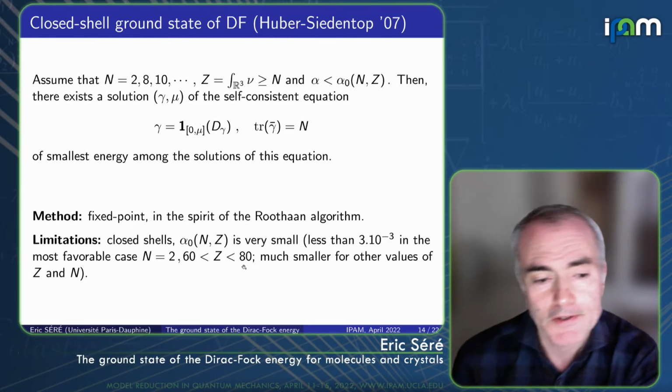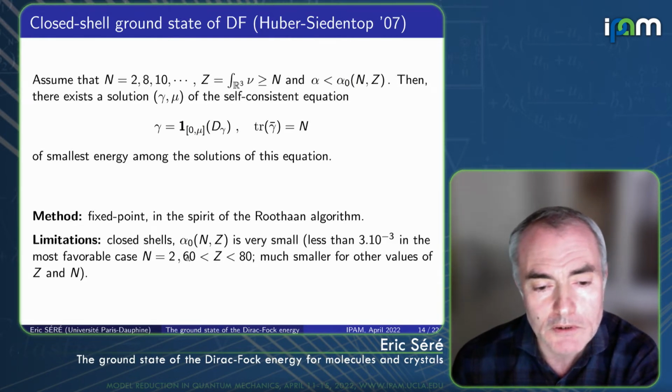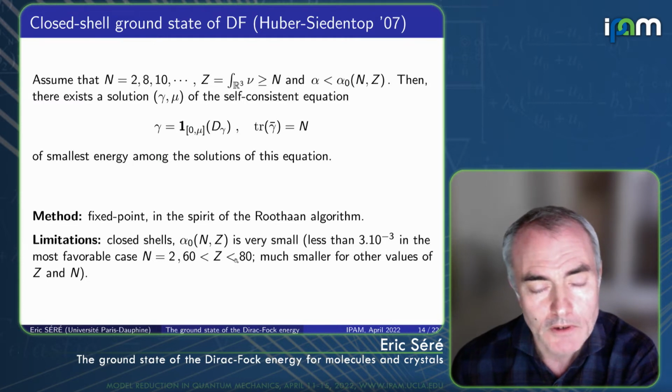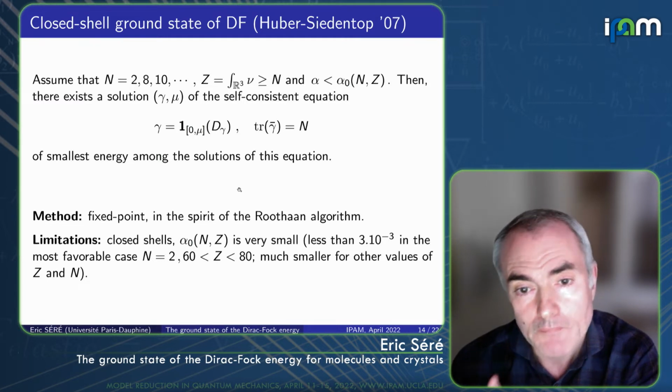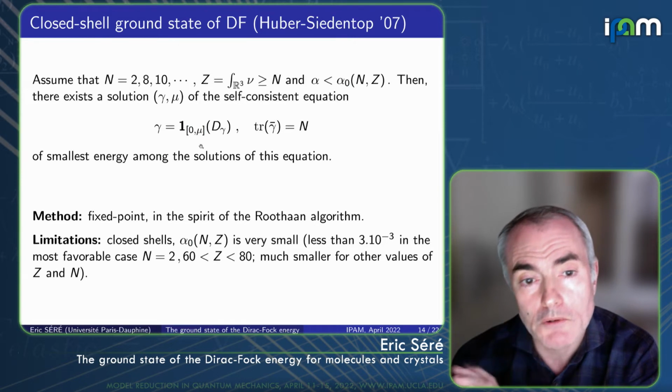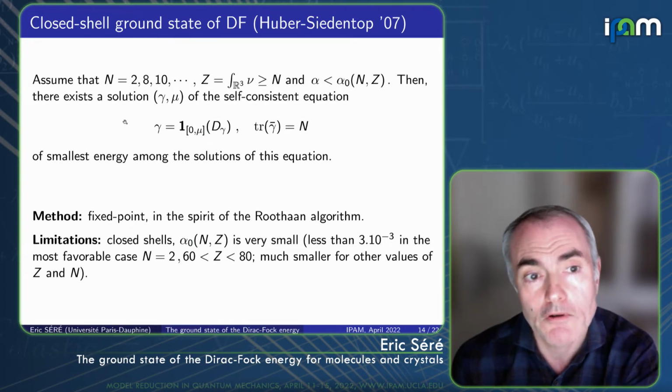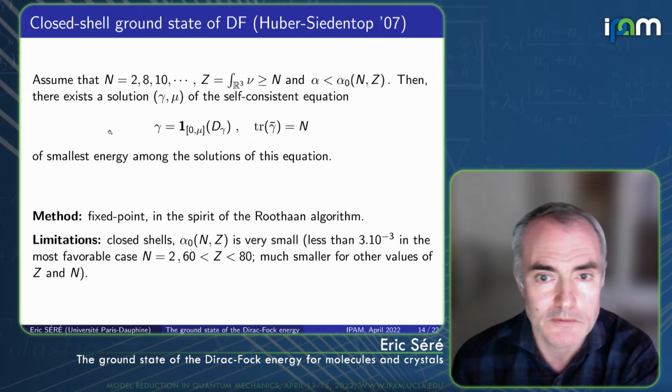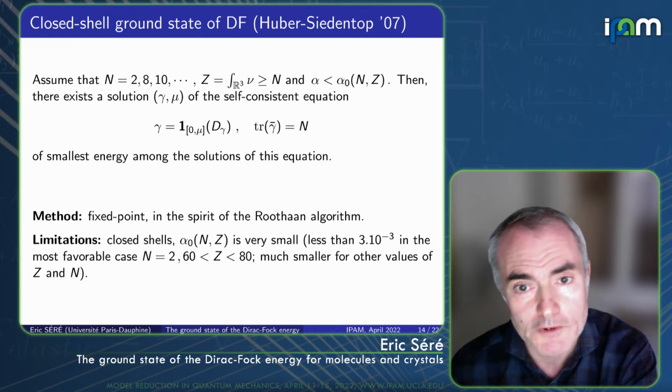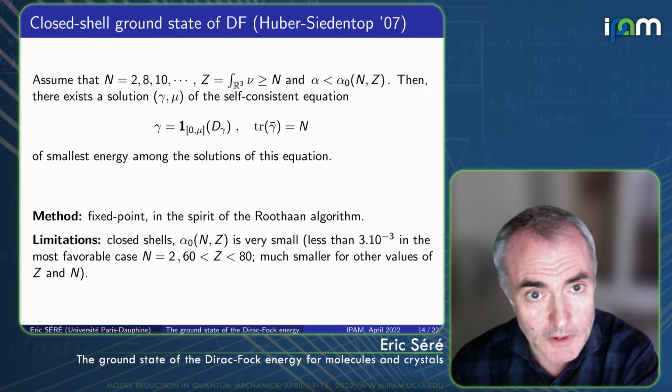Okay, for n equal 2 and z between 60 and 80. And also it only works for closed shells, for noble gases. So there was some room for improvement, and that's what I tried to do.